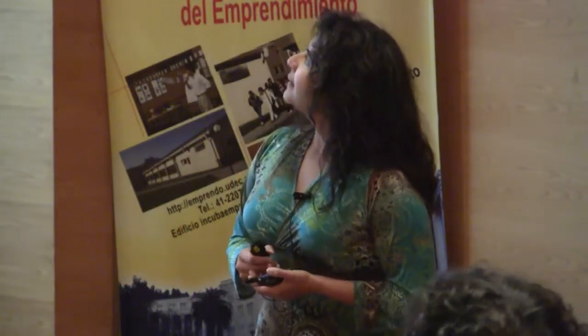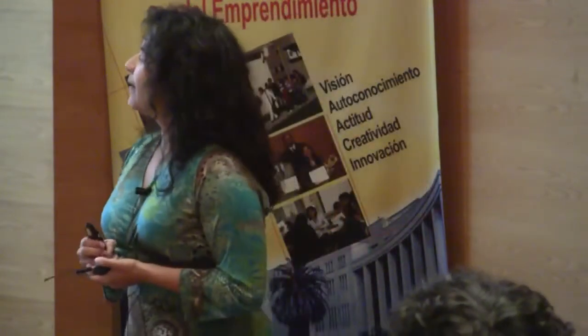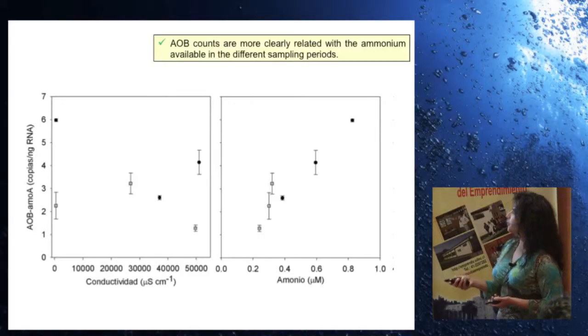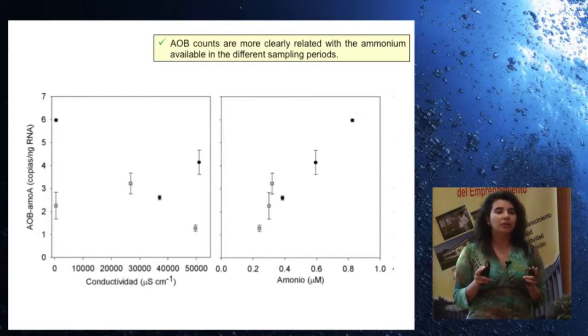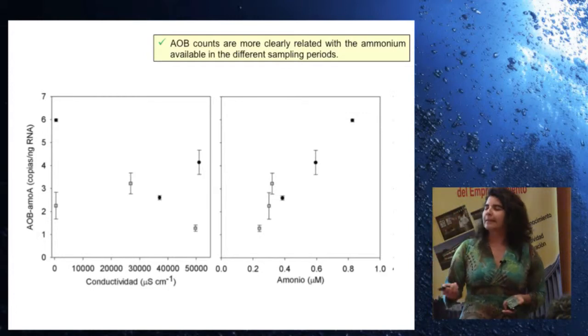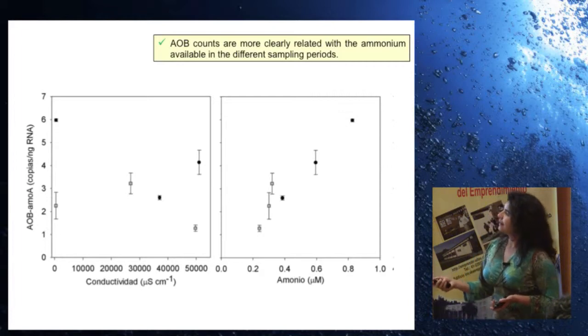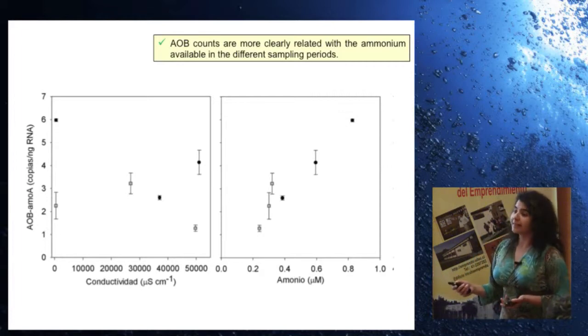But what happened with other periods? We had the opportunity to evaluate specific counts for bacteria, because bacteria was the main contributor in the case of functional genes.